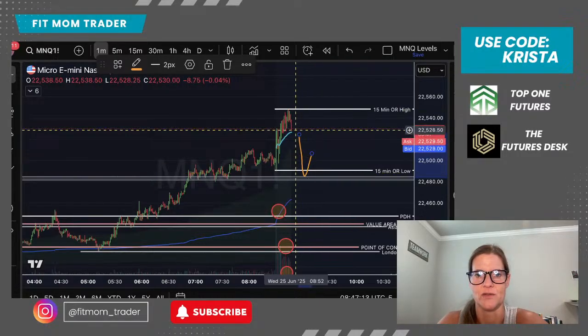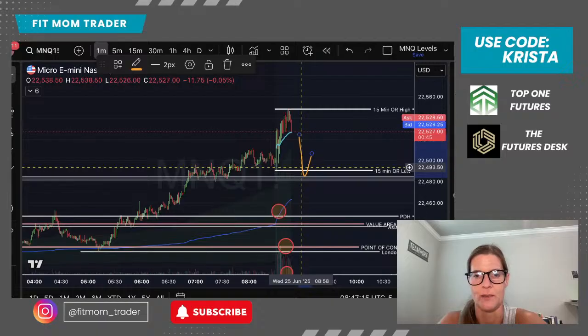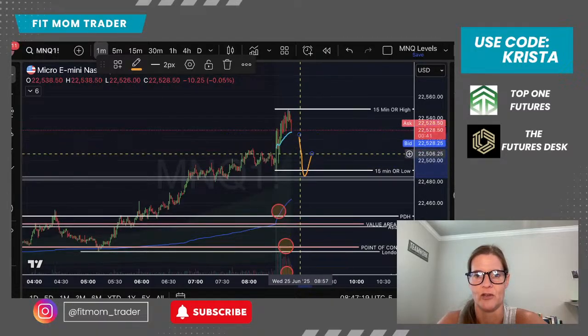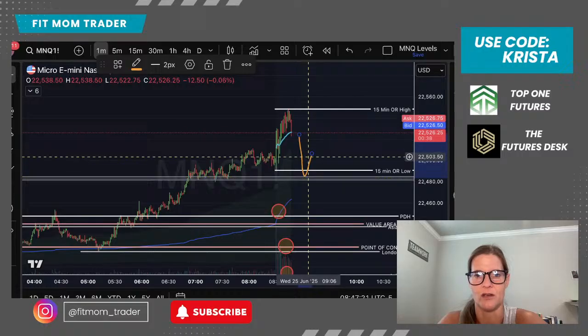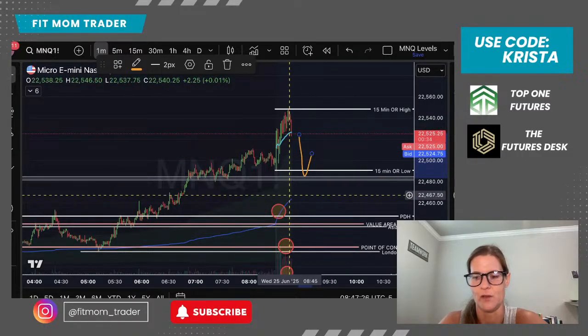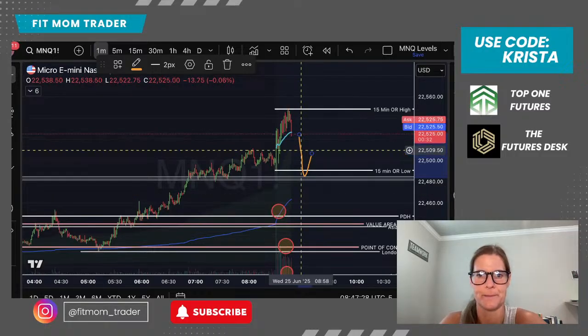But if it continues to get heavy, if indeed we do end up getting a pullback, I'm just giving some if-then scenarios. If we have a good reaction off of this level, we could go long. If not, and we continue to get heavy, then come down to VWAP before retracing up.